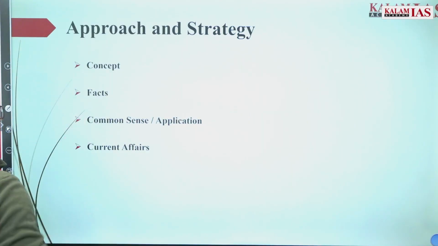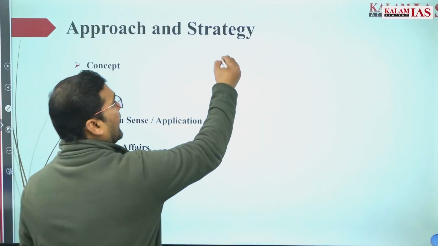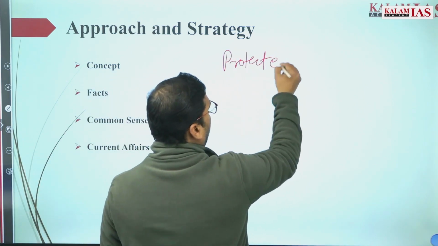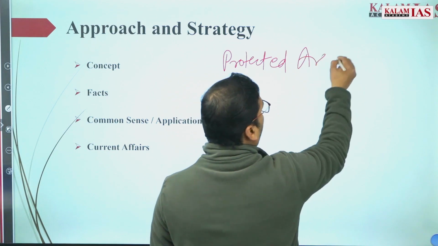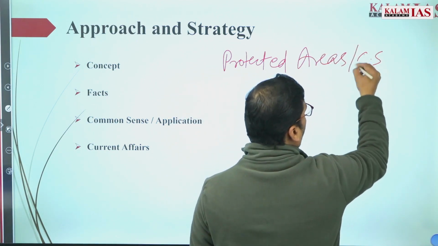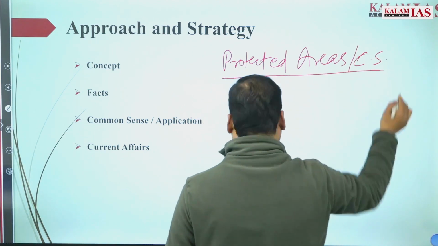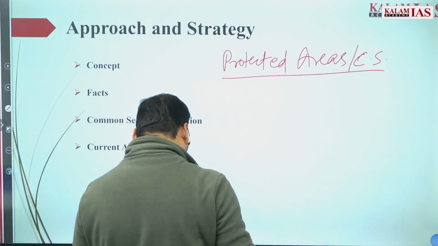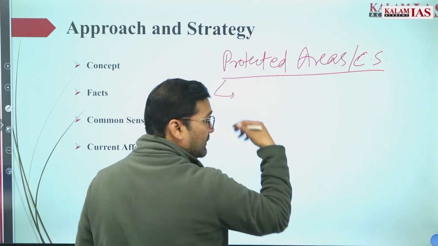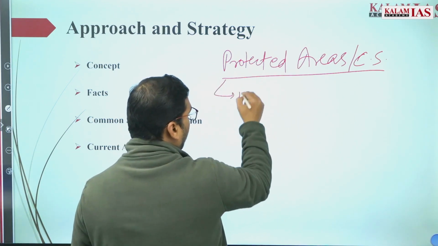Then comes your protected areas, another theme, and a lot of questions have been asked on this, and conservation sites. Now here you will get to know the basic theory of it. Another sub theme in this bigger theme: basic theory.